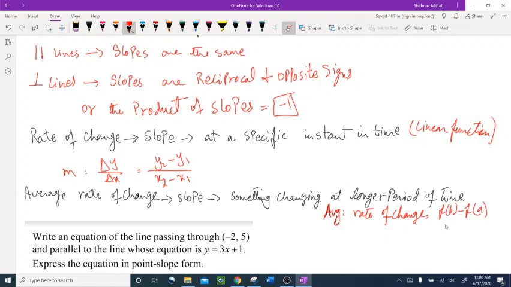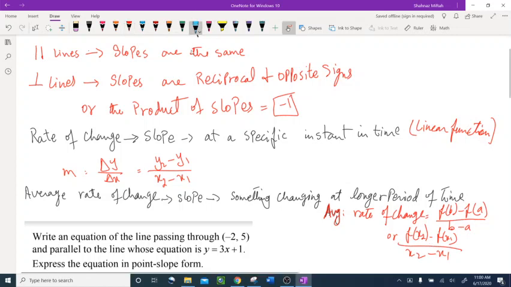These are real numbers, x values. You can use f of x2 minus f of x1 over x2 minus x1, whichever makes sense to you. I just use b and a instead of 1 and 2. So this is the formula for the average rate of change.